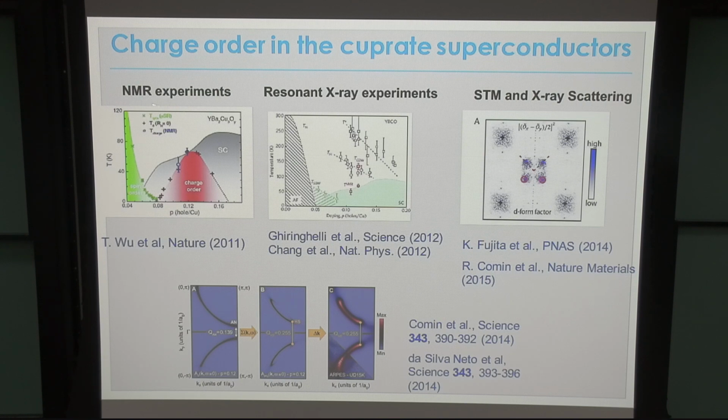From NMR experiments, you see this field-induced charge order phase inside the superconducting dome. Resonant X-ray experiments managed to see these charge orders above Tc with no magnetic field. As you see here, this T_CDW is slightly different from T star, the pseudogap temperature in YBCO.